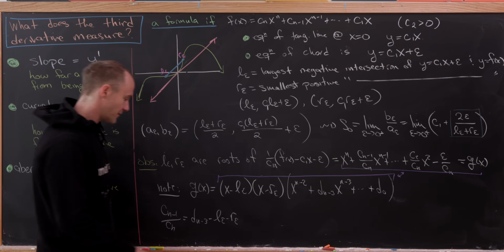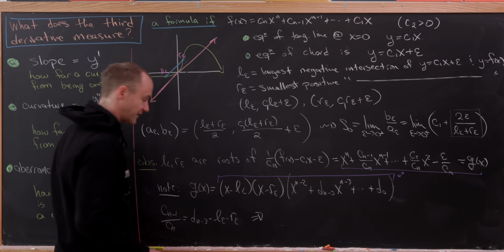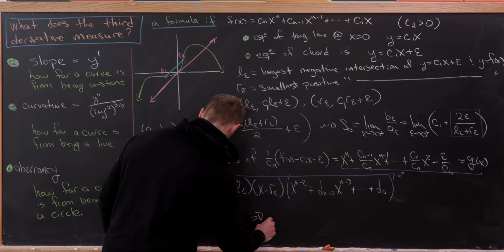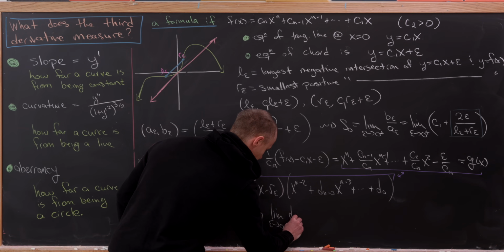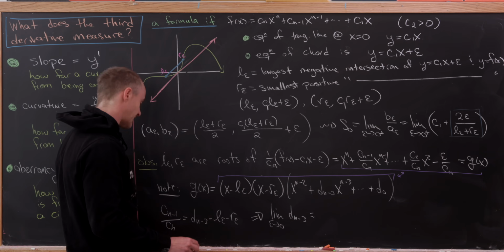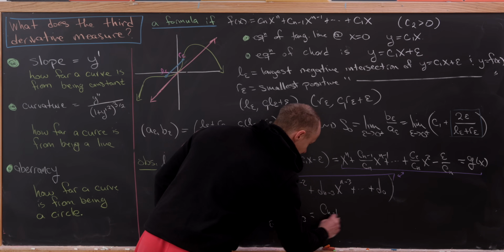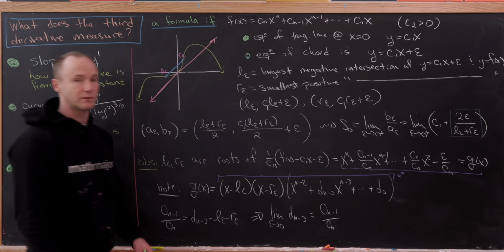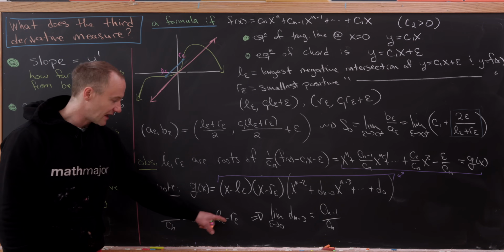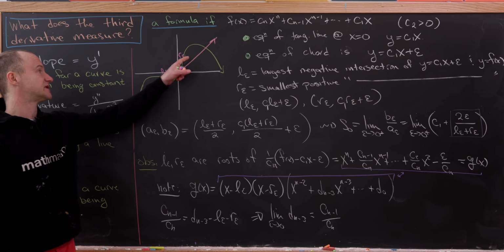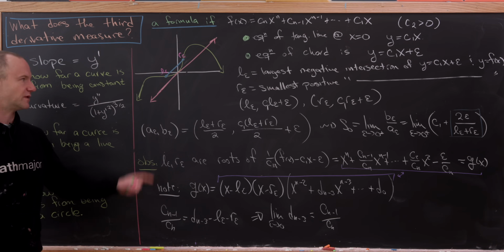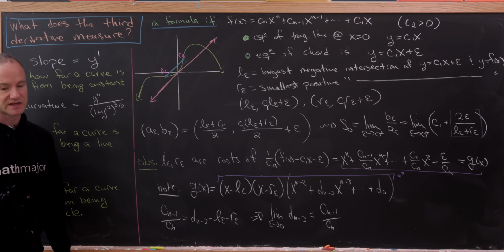But then from there, we can see that the limit as epsilon goes to 0 of d n minus 3 is in fact just equal to c n minus 1 over cn. We see that because L epsilon and R epsilon both limit to 0 as epsilon goes to 0, based off of the picture up here, but also how we chose them.